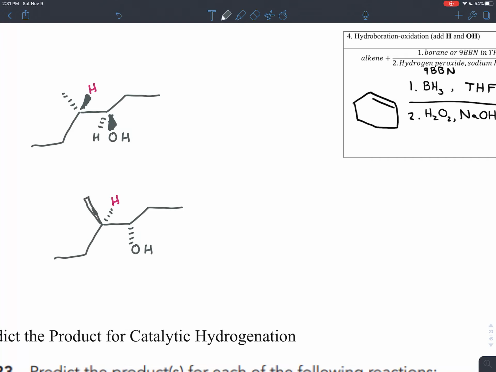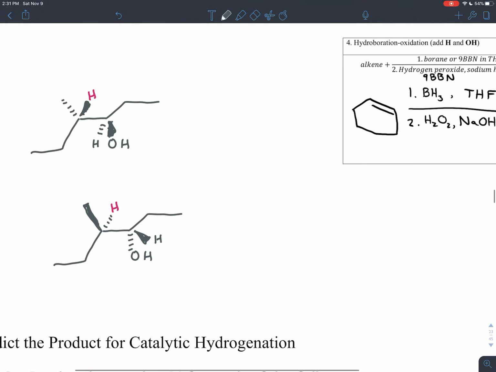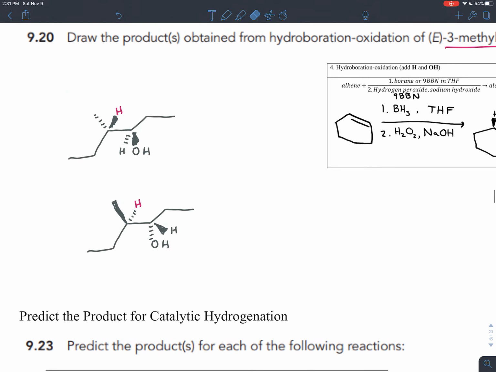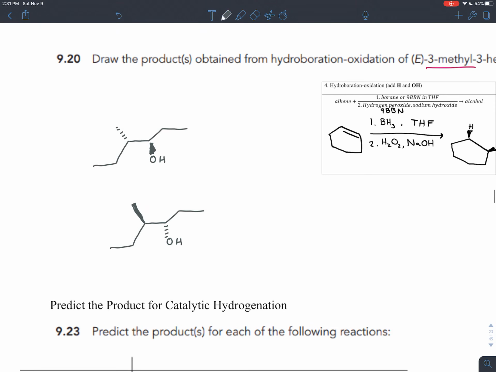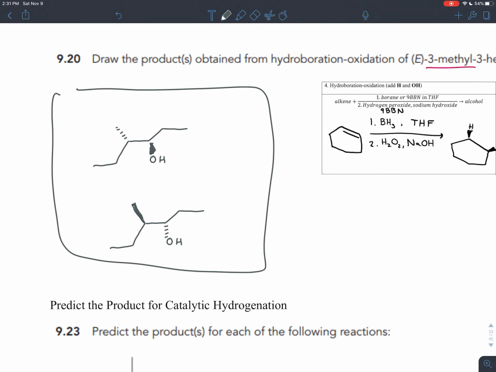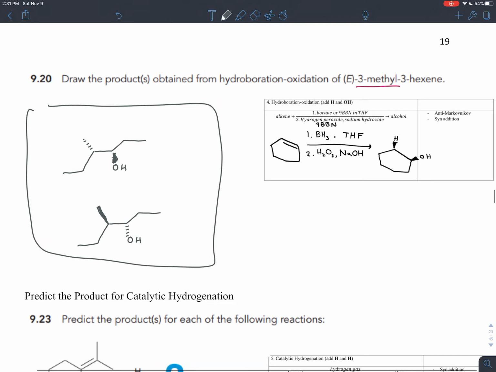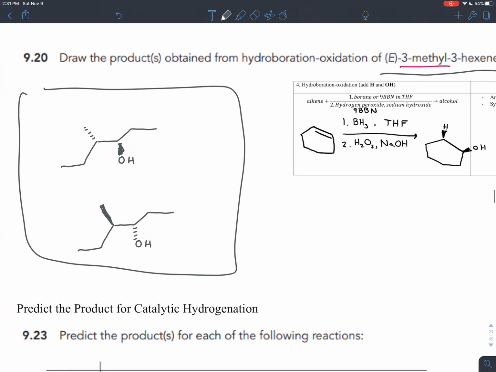And here, the methyl group needs to be coming out, and the hydrogen here will be coming out. So those are your two products. You can erase the hydrogens because they're implied in the skeletal formula, and that gives you your racemic mixture of these two products. So those are the two products you'd get if you did hydroboration oxidation with E3-methyl-3-hexene.